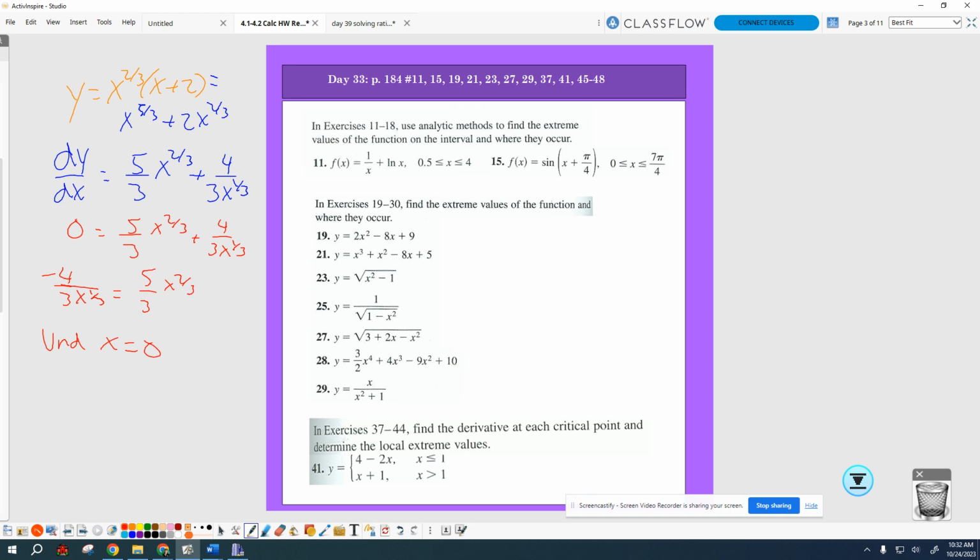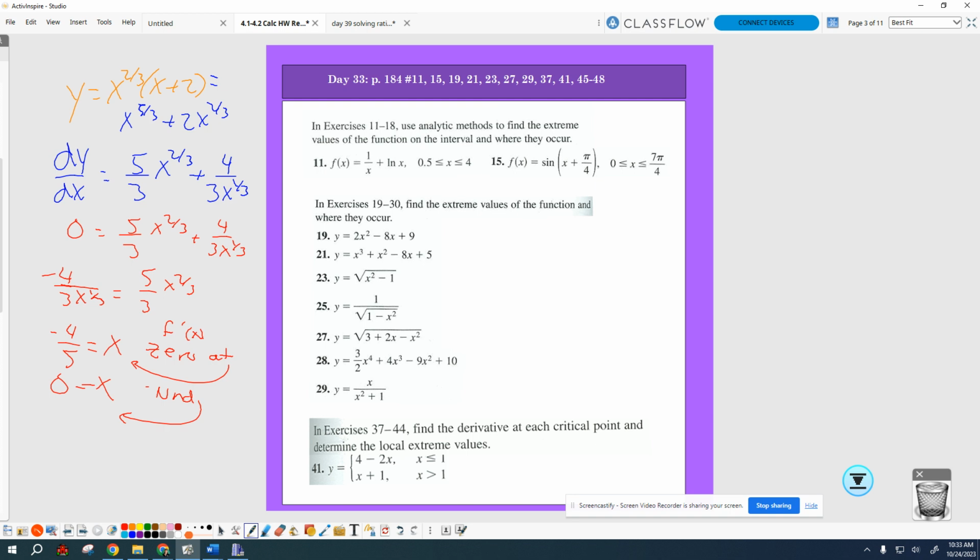Multiplying by that 1/3. I get x equals -4/5. Multiply by 3, the 3 is reduced. Divide by 5. Multiply by the x to the 1/3. F prime is 0 here. Undefined here. So those are my critical points.